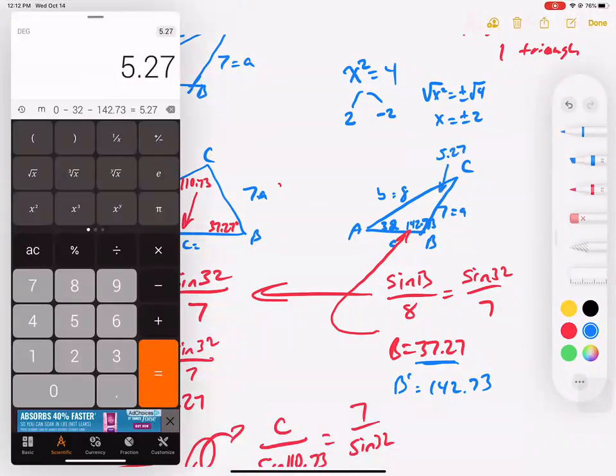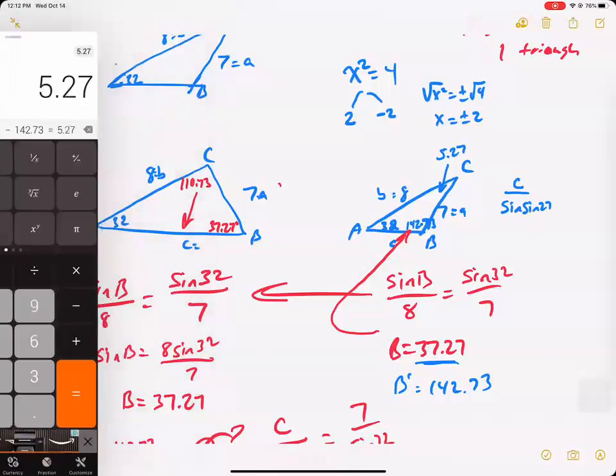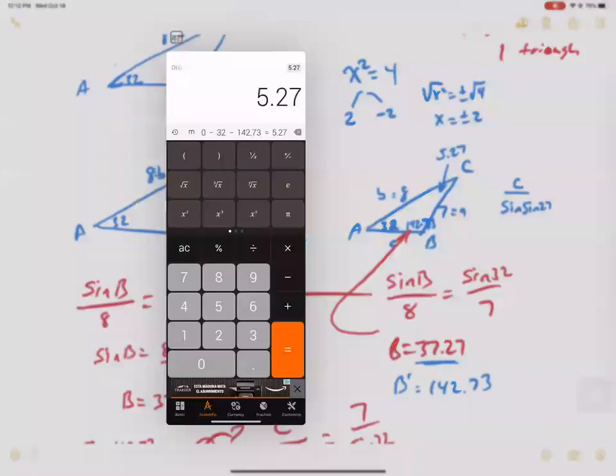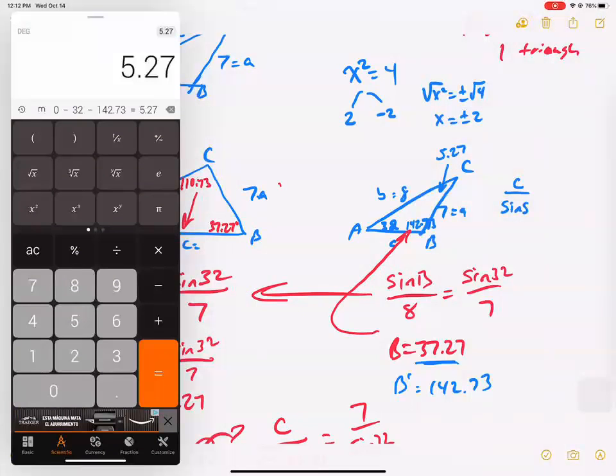And if I have my last angle, I can find my last side. So to finish this triangle, side C over sine of 5.27 is equal to 7 over sine of 32.